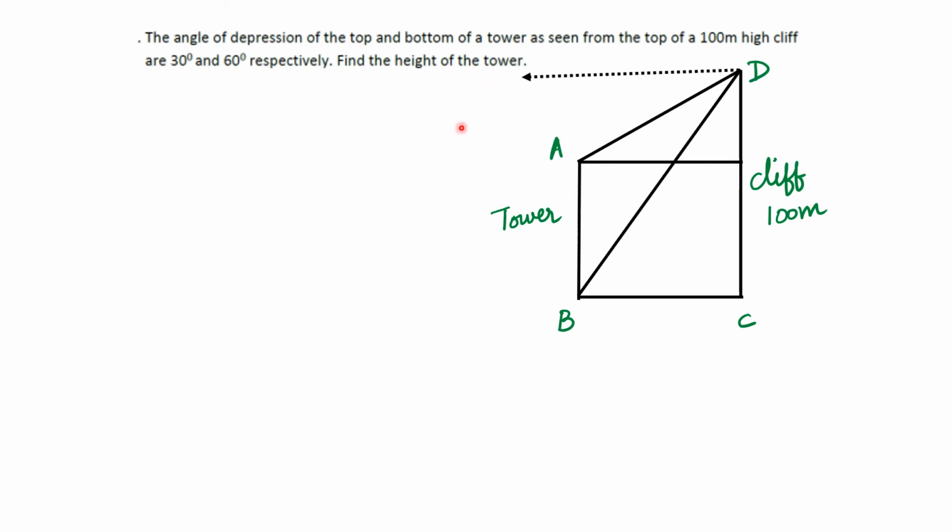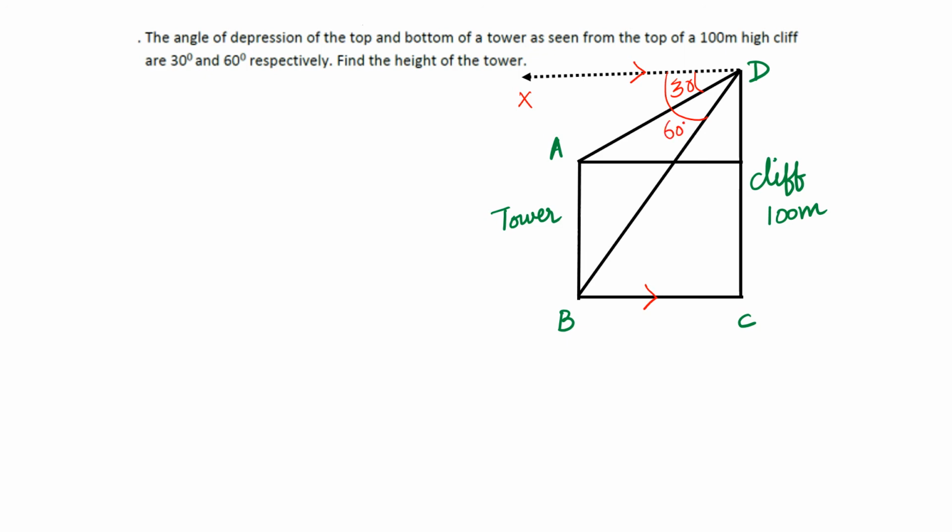See, it's told here as angle of depression, and this DX is parallel to BC, and the angle of depression of the top is 30 degree and the bottom is 60 degree. Okay, so this is what they have given.